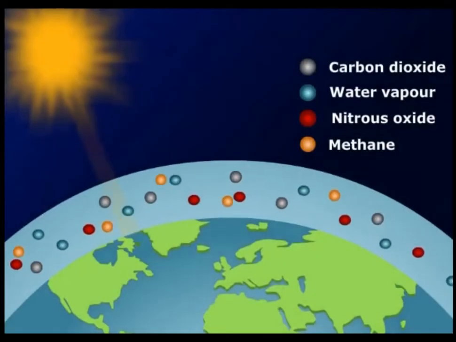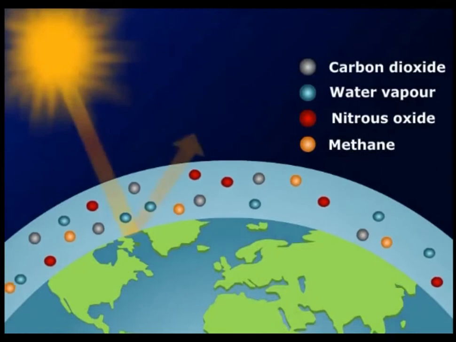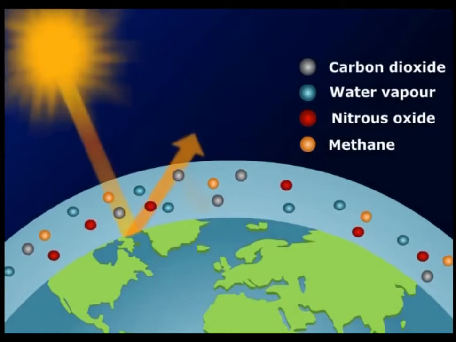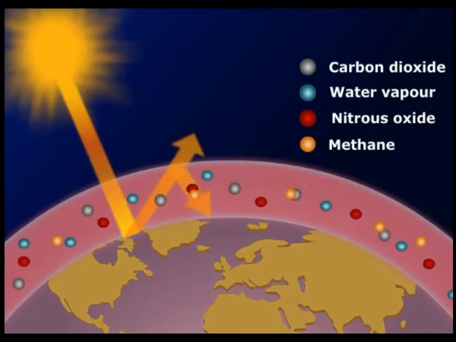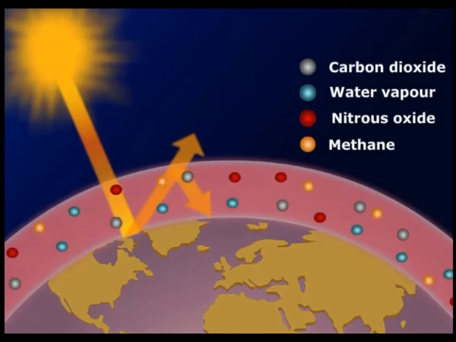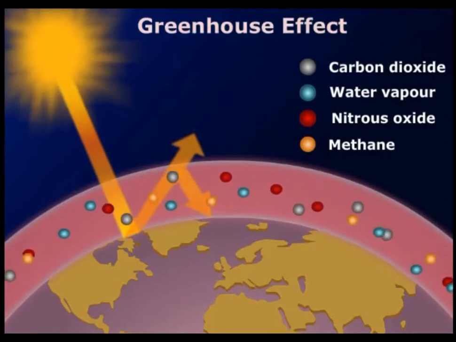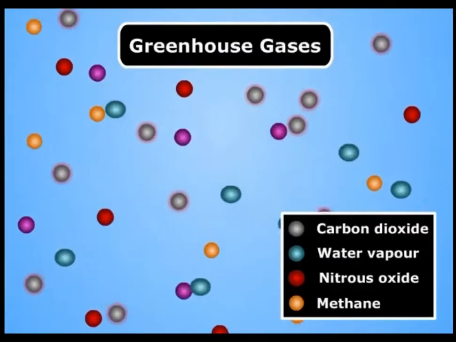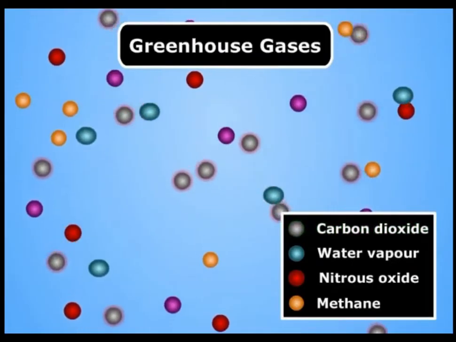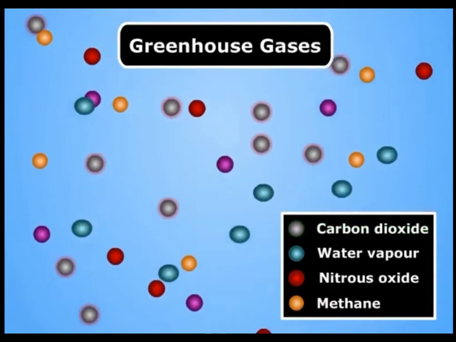Carbon dioxide has the unique property of absorbing infrared radiation coming from the sun, resulting in the heating of the Earth's surface. This is called the greenhouse effect. So, carbon dioxide is known as a greenhouse gas.